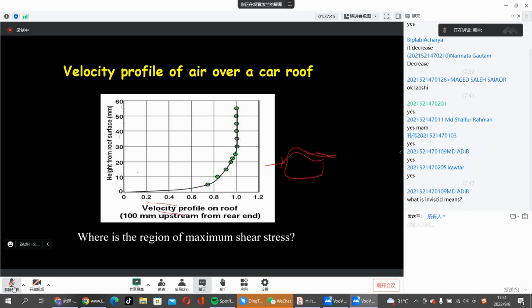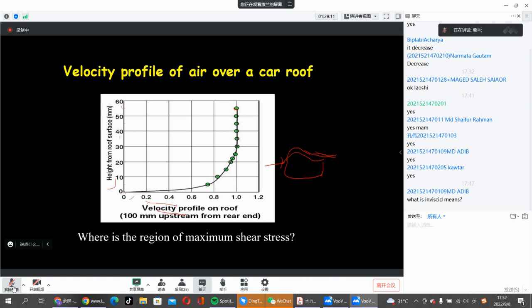This is a velocity profile. This is the height from the surface. The velocity increases from 0 to its maximum. Why is it 0 at the surface? We know this is because of the no slip boundary condition, right? The fluid in contact with the roof will have the same velocity as the roof, so it is equal to 0, and then it increases.